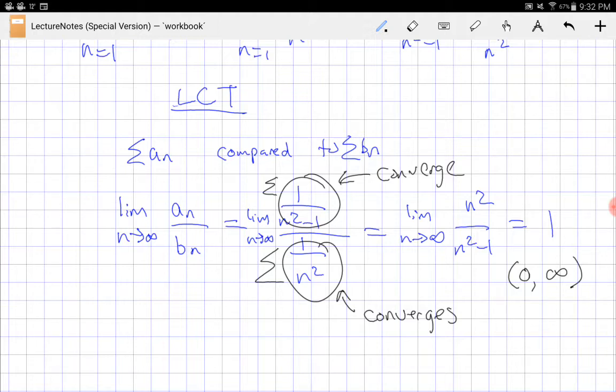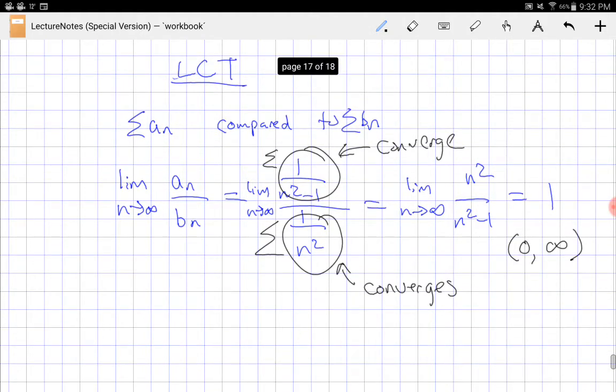So any real number, really, because then what we're saying is that a_n is a factor or a multiple of b_n. The reason 0 and infinity don't work is because if you have a finite number divided by an unbounded infinite number, then you'll produce 0.